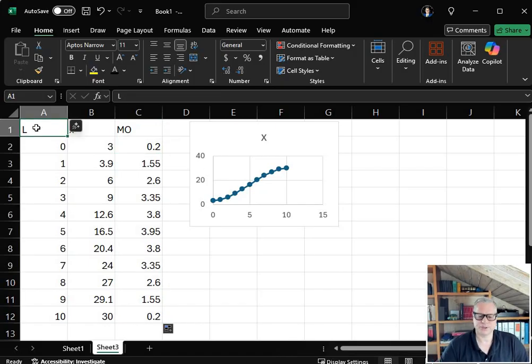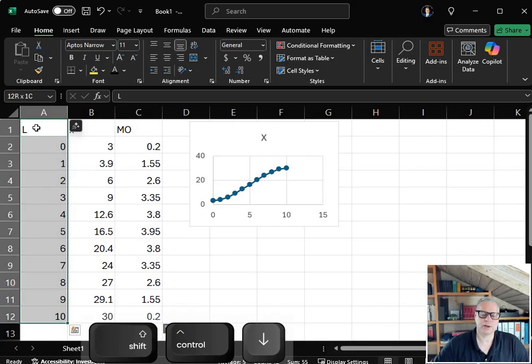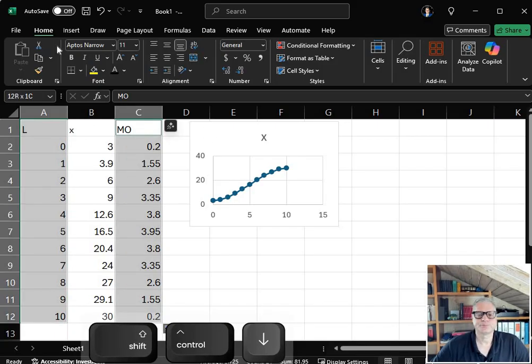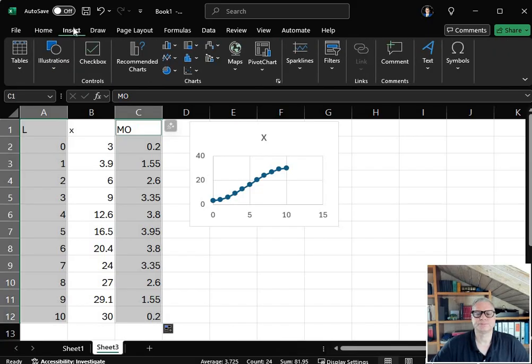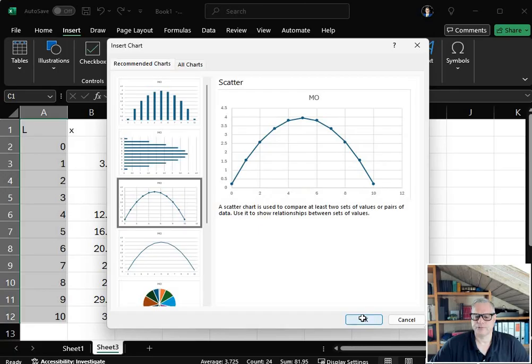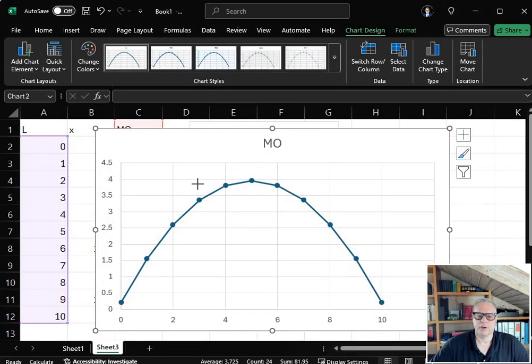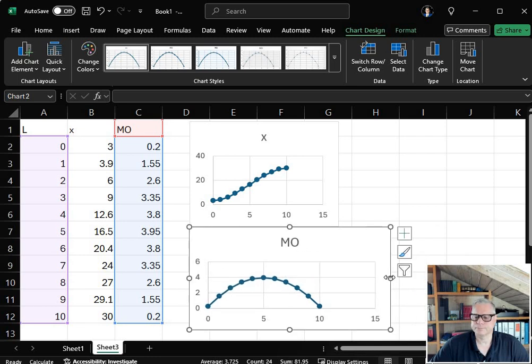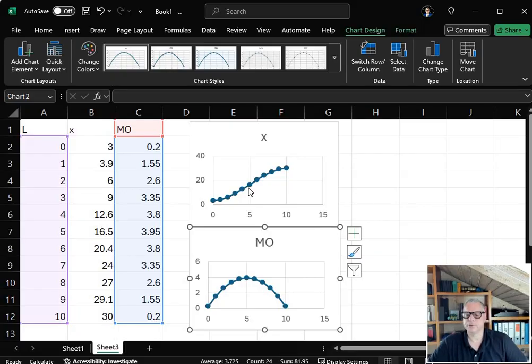Okay, so now what does the marginal output look like? We said it should look like an inverse U. So insert, recommended charts, and you see here we get it. You can see here at around 5, the slope is the highest.